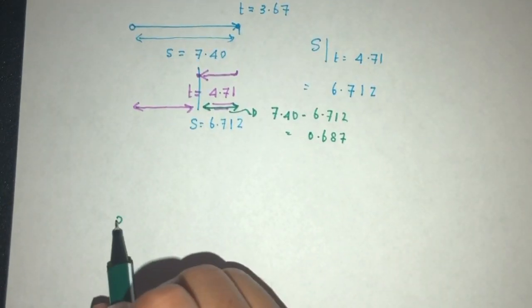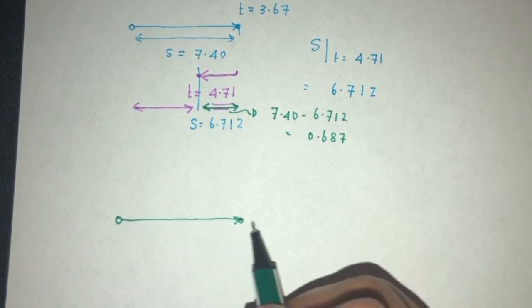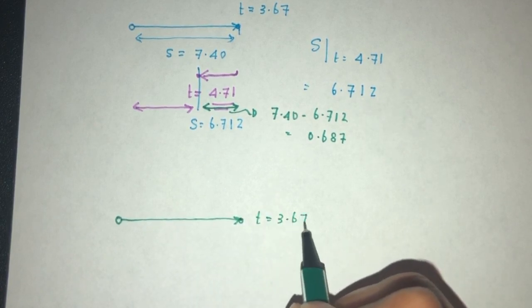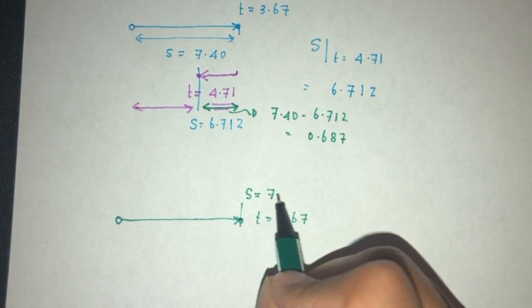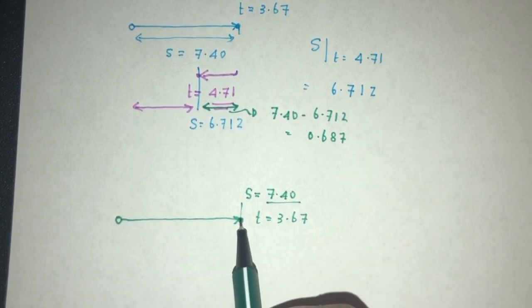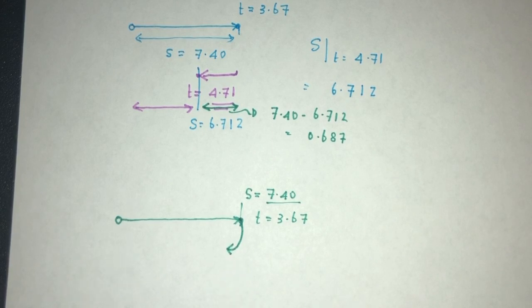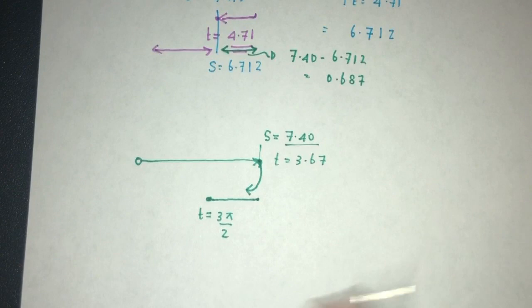So let me clarify this. When you first start from 0, you're going in this direction, for example. At t equal to 3.67, the distance traveled here was 7.40, so that's the first thing we need to add. However, after this you change direction, as you can see from the question when it is at rest. Now from this point you travel in this direction, and this is the time t equal to 3 pi by 2, because the question asks you to find it between this domain. So you stop right here.